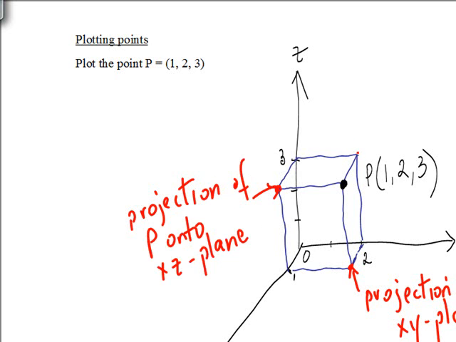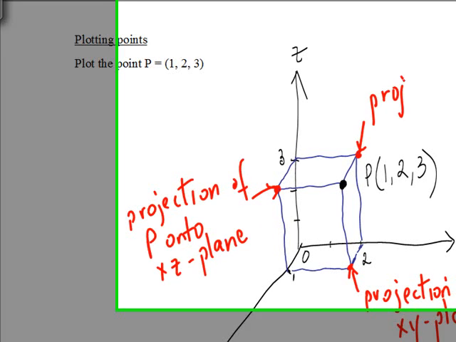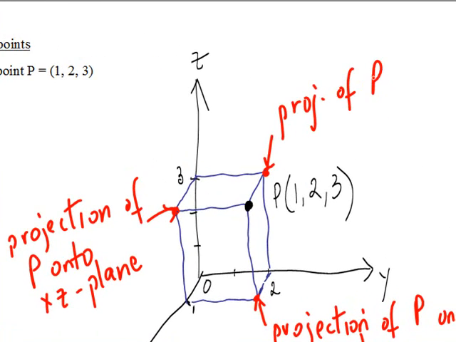And finally, this point here is a projection of P onto the yz plane. So that's how we plot points.